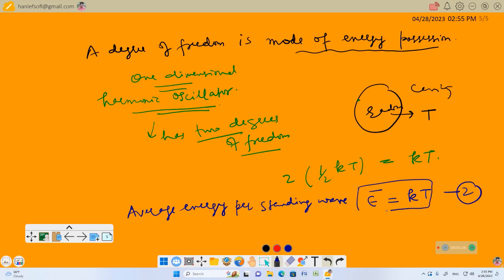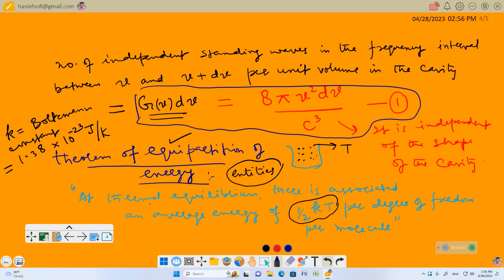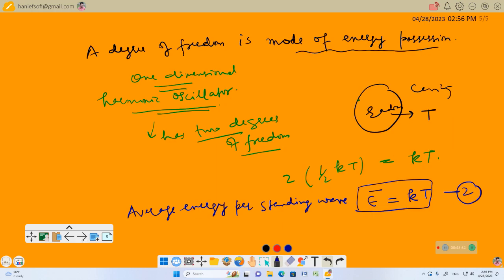So this is my average energy per standing wave in the cavity, and this is my number of independent standing waves per unit volume in the frequency interval nu to nu plus d nu. Now I am interested in u nu d nu. How can I get it? I simply multiply them.